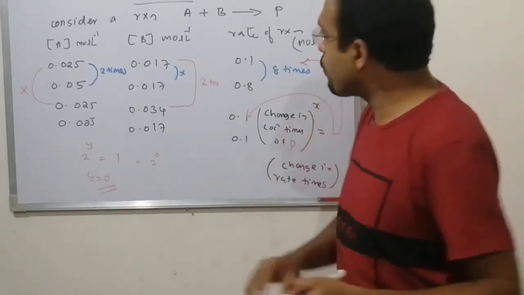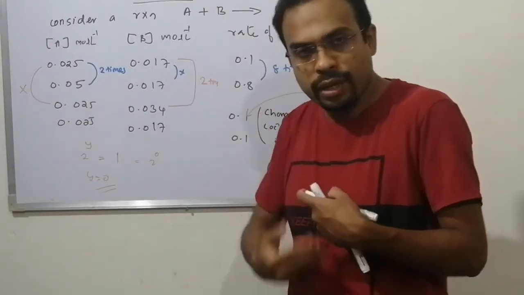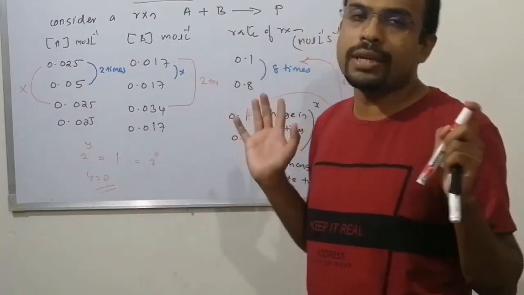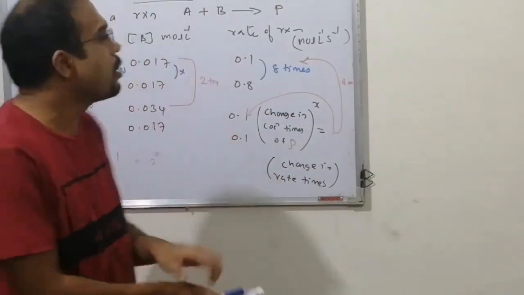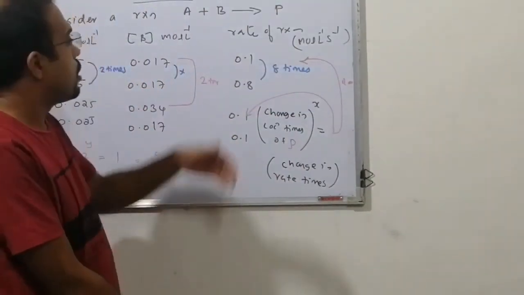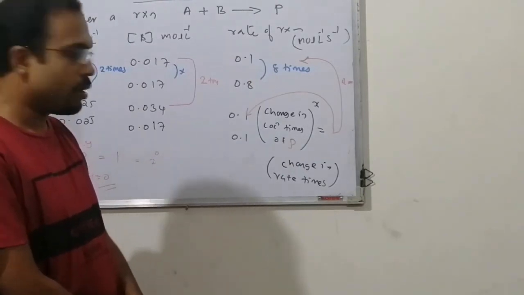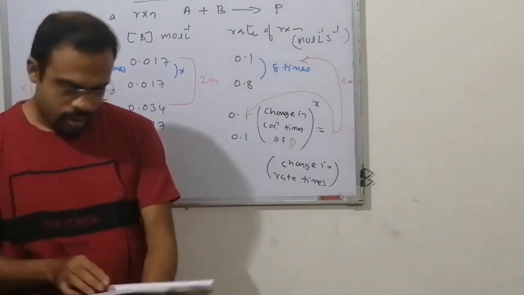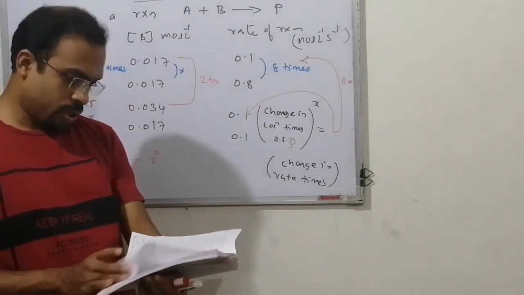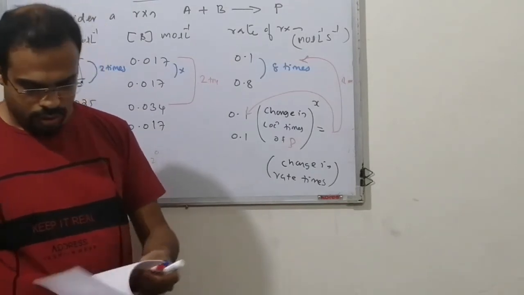Once again, if the concentration of any reactant is changing, but the rate is not changing, its order is 0. Please remember this trick in your mind.